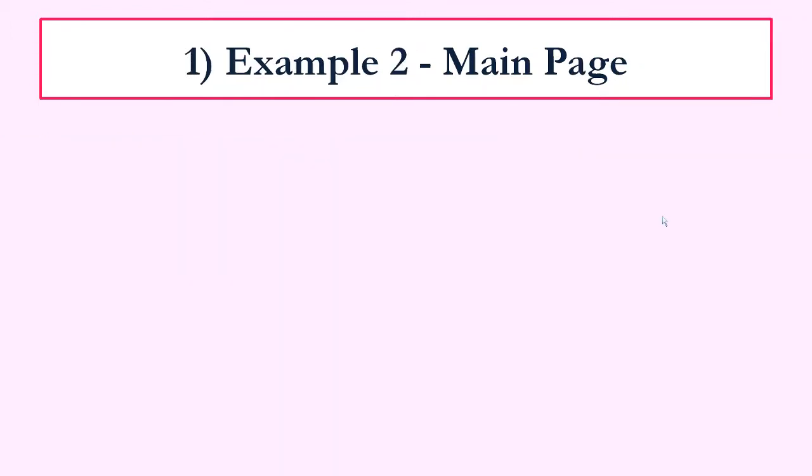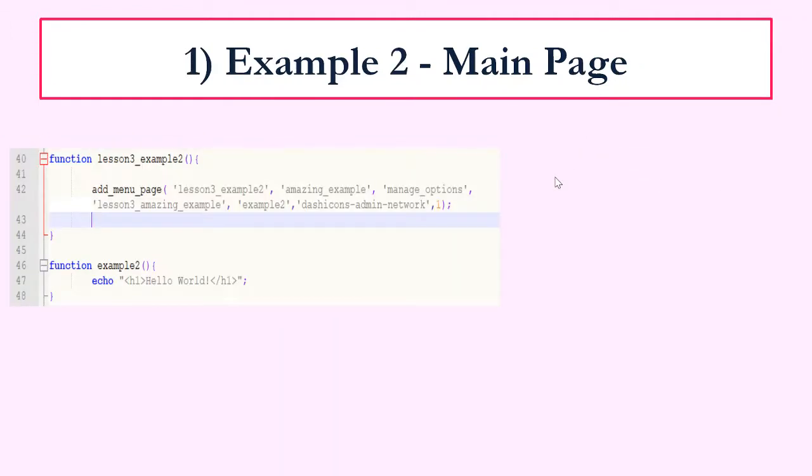Okay, so before we start coding, let's look at our second example. Here we have 2 functions. The first function, lesson 3, example 2, has a WordPress function called add menu page. This one is slightly different from example 1 because it has 2 additional parameters.